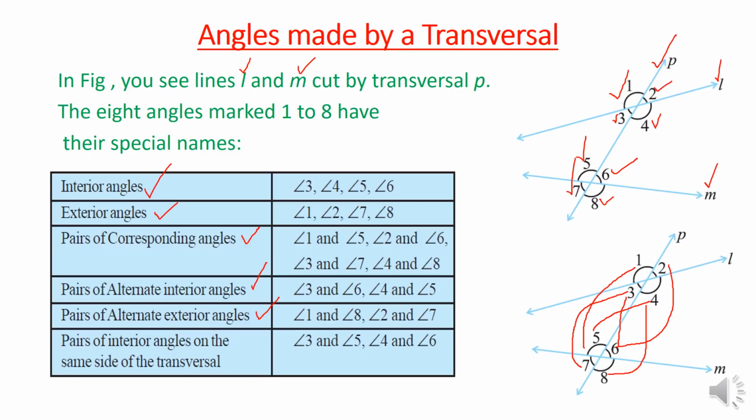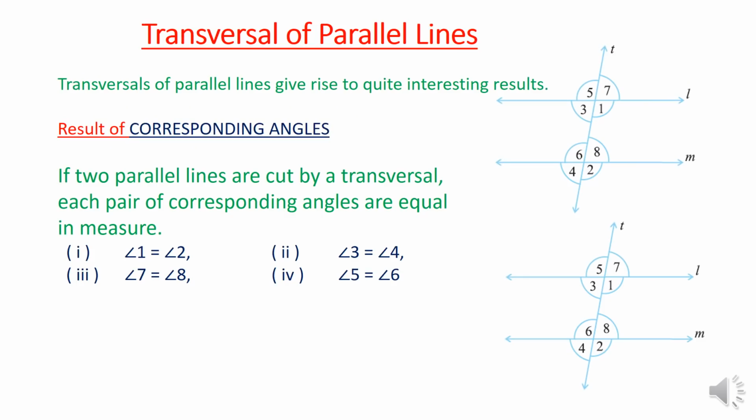Similarly, the pairs of interior angles on the same side of the transversal are 4 and 6, similarly 3 and 5. These are the pairs of angles formed by a transversal when it intersects any two lines at two distinct points. Now, let us understand the transversal of parallel lines.